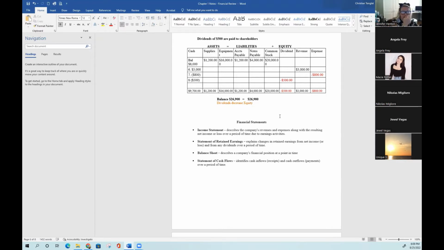I want you to understand that, because on the test I will ask for net income. If you have some revenue and you have expenses, you need to know which ones are the revenues to add together and which ones are your expenses in order to do the calculation. Now, you may have other accounts and amounts that are given to you. You have to be able to identify them.